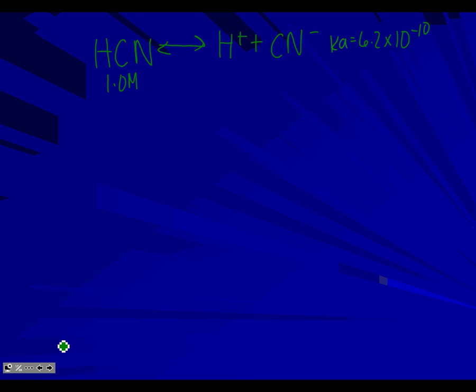We also have nitrous acid. Weak acid. It'll go into hydrogen and nitrite. And it has a Ka of 4.0 times 10 to the negative 4th.